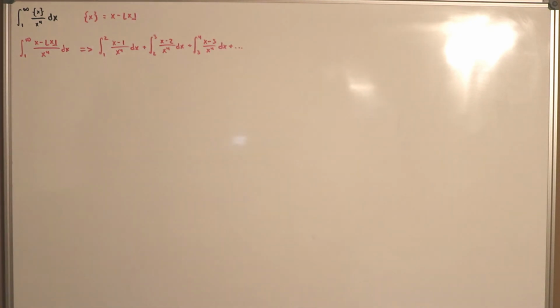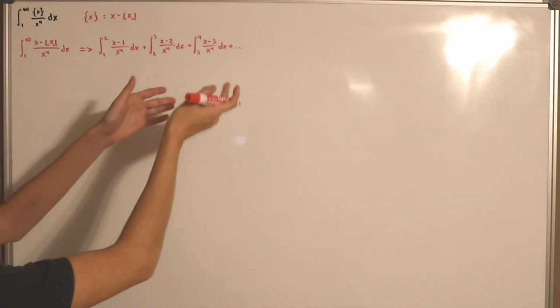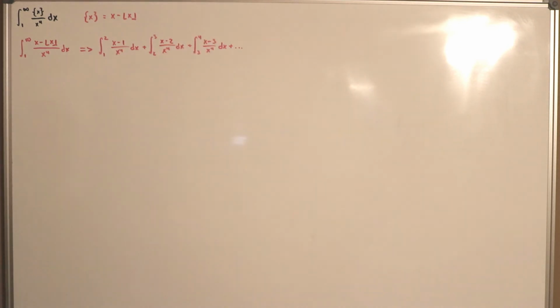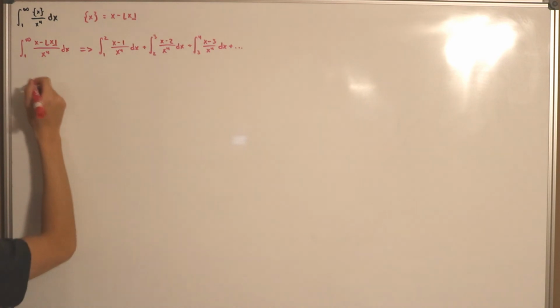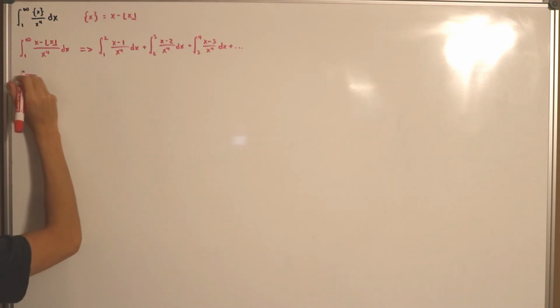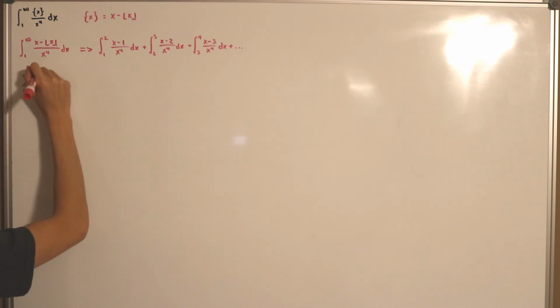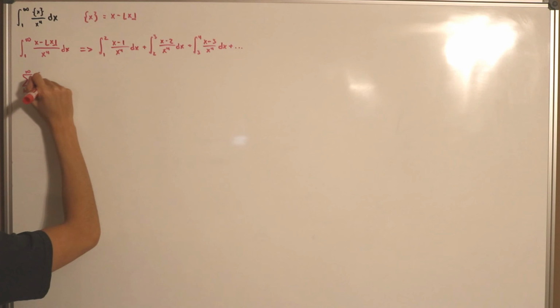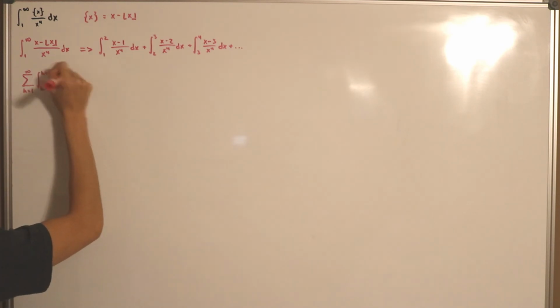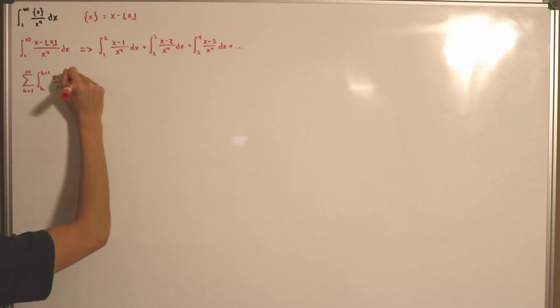Now if you're noticing a pattern, we can create a summation series. I can write it as the sum from k equal to 1 to infinity of the integral from k to k plus 1 of x minus k divided by x to the 4th.